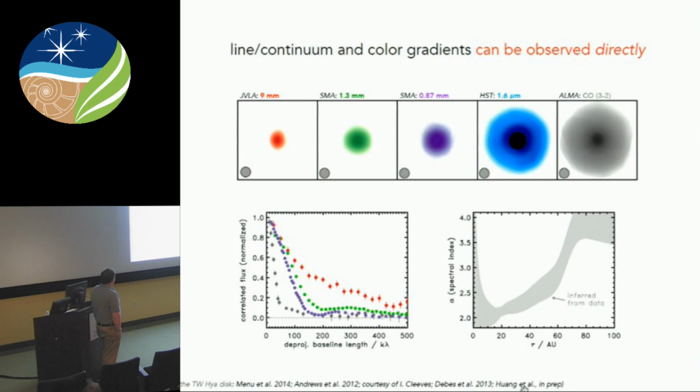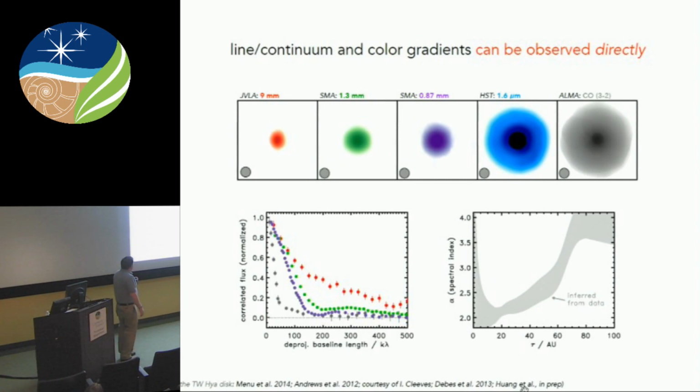This is a centimeter wave continuum, very small and compact. This is millimeter wave, a little bit bigger. Submillimeter, a little bit bigger. And then we look at the small particles. This is scattered light at 1.6 microns, and that's distributed very widely, as we'd expect, because it's well coupled to the gas. This is carbon monoxide gas. So you can see both those effects in this series of images.